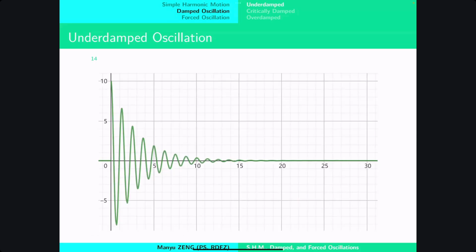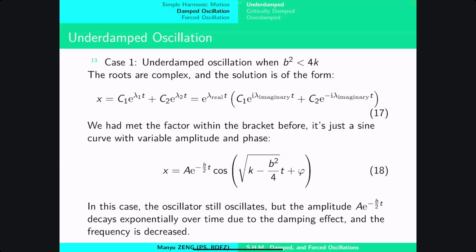So I drew a diagram here. This is an example of the oscillation. You can see at time equal to 0, it has amplitude 10. And you can draw a line in your mind that connects all the maximums of the cosines, and you find that this connects into an exponential curve, which represents the exponential decrease of the amplitude.